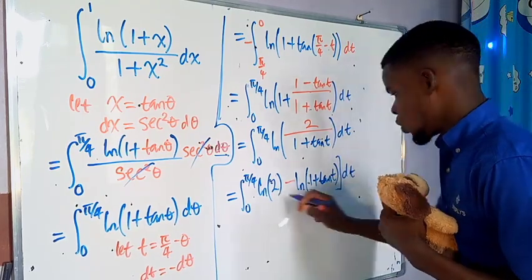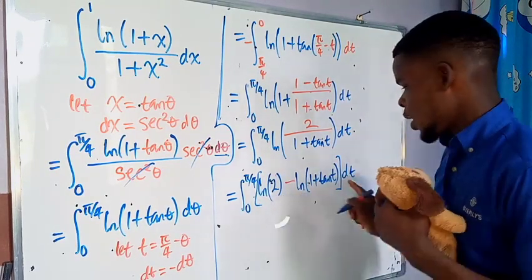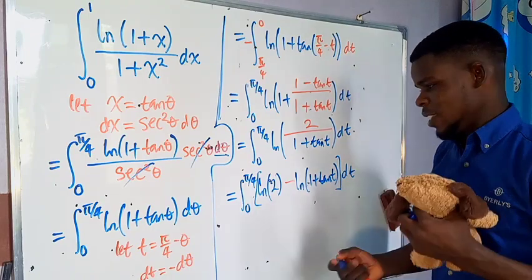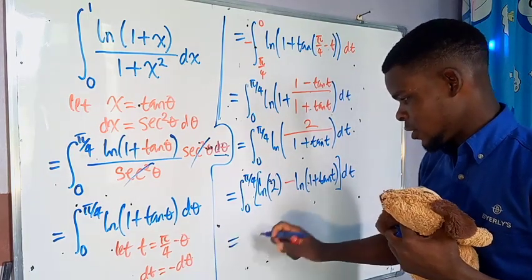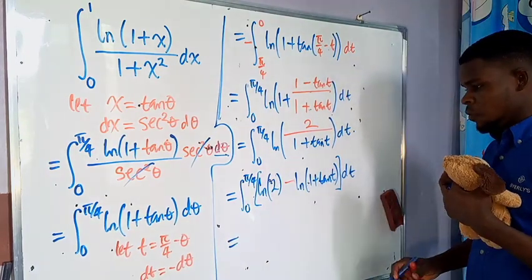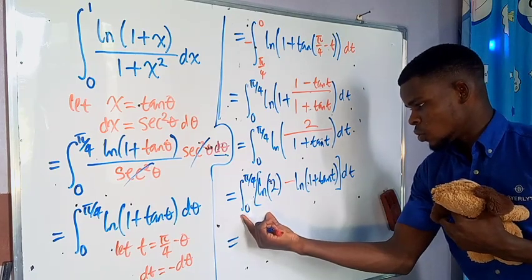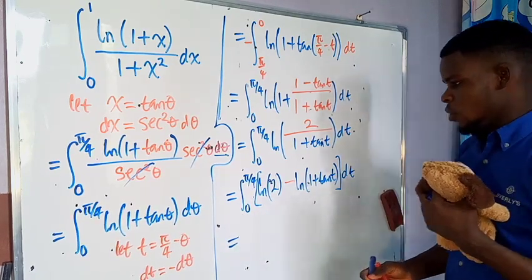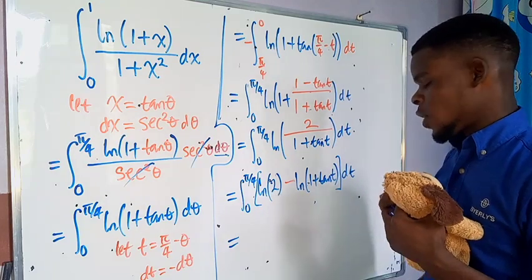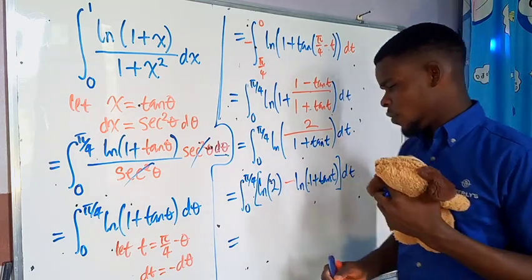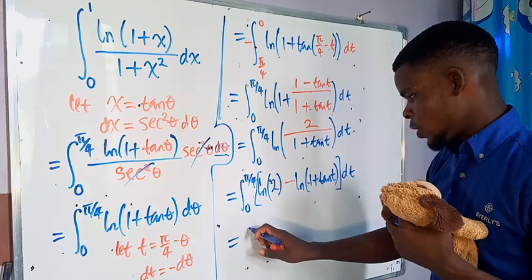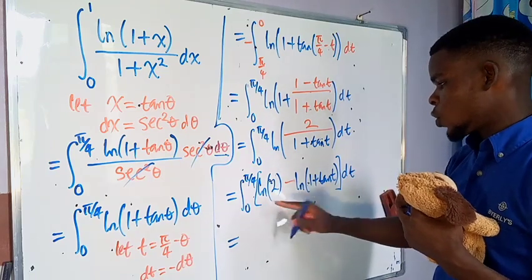I'd like to put a bracket to show everything is in there, but if it is there, it is there. It doesn't really matter. Just be careful. So what I'd like to do is to split the integral into two, given that the integral of the difference of two functions is the difference of the integrals of those two functions. That will give us the integral from 0 to pi over 4 of this constant term.